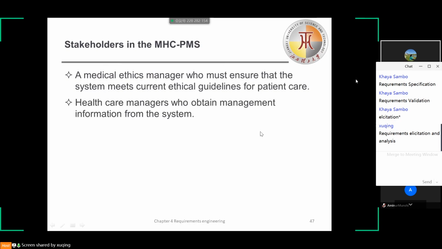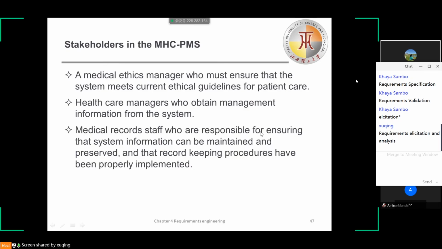Another kind of stakeholder will be healthcare managers, as they obtain management information from the system. We have also medical records staff who are responsible for ensuring that system information can be maintained and preserved, and that record keeping procedures have been properly implemented.